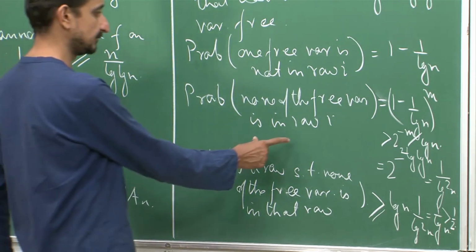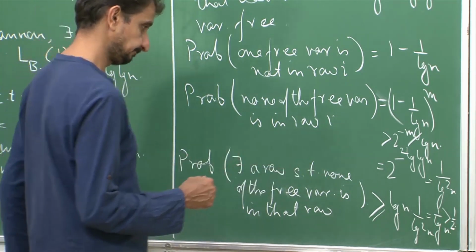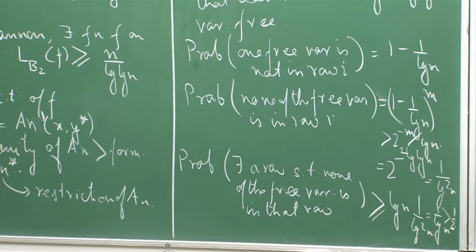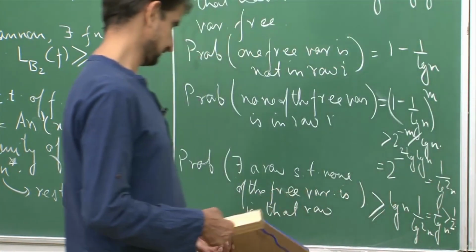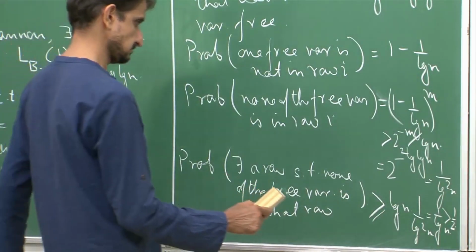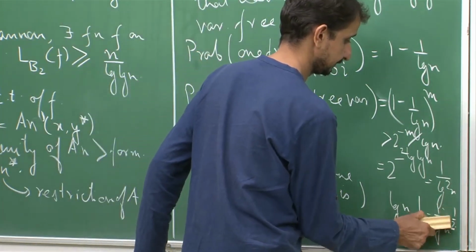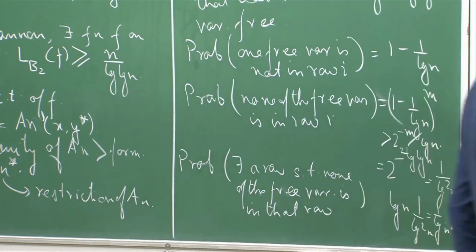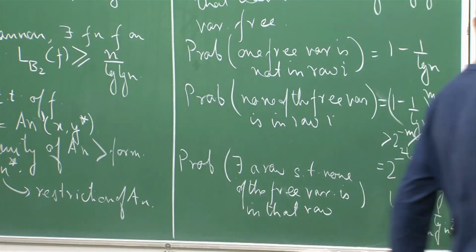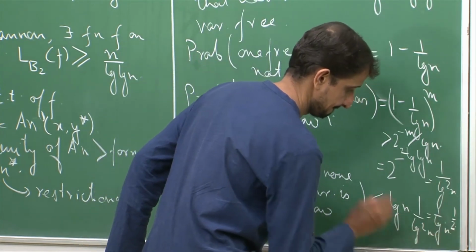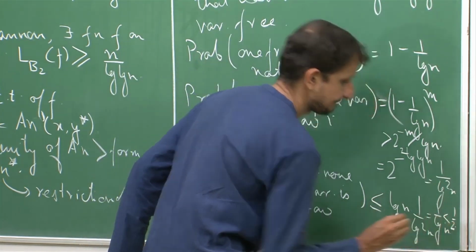Yeah, so you are right. Actually 1 by log n is less than or equal to half, true.